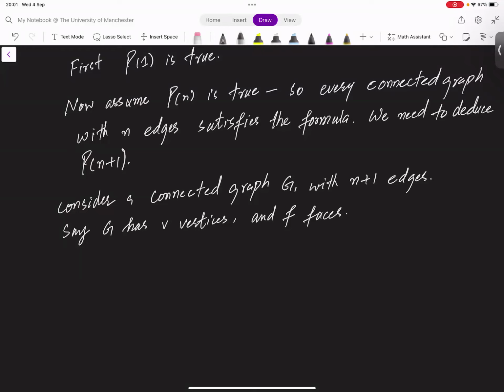We want to prove that G satisfies the formula, so we want to show that V minus n plus 1 plus F is 1. Okay. Now our strategy will be to remove a carefully chosen edge from G so as to leave a connected plane graph with only n edges and then use P of n. Okay, this is the strategy.